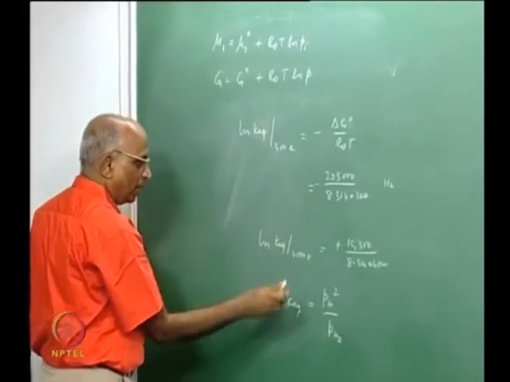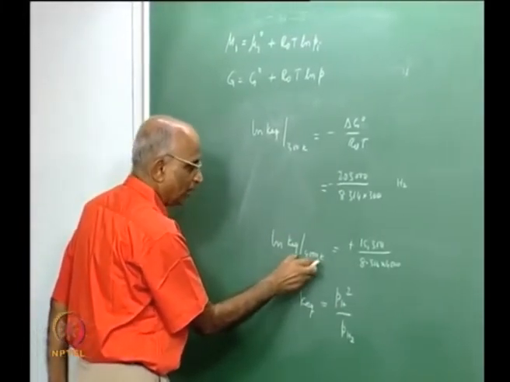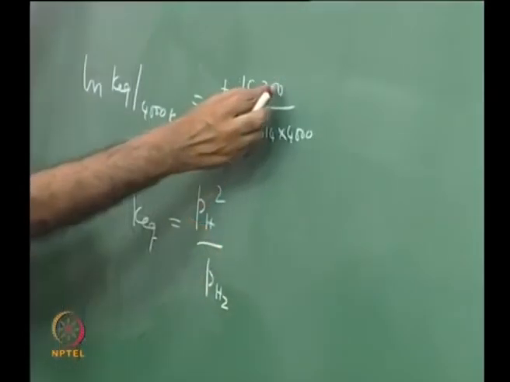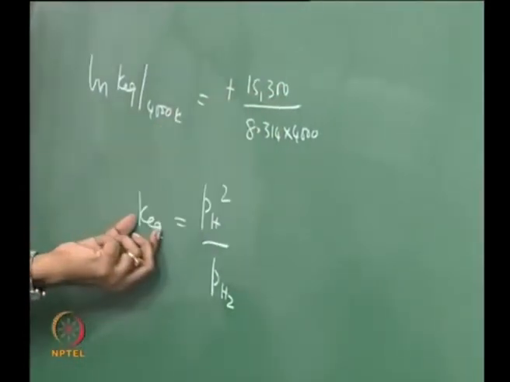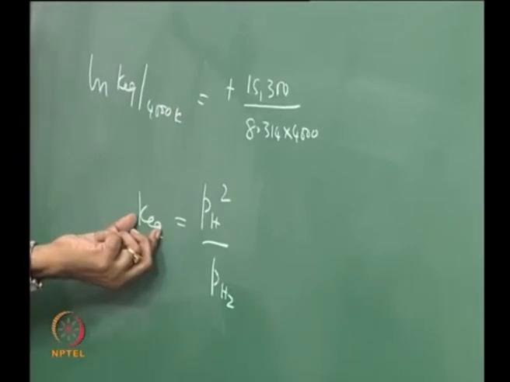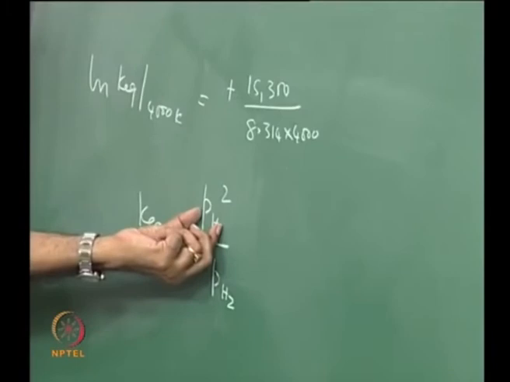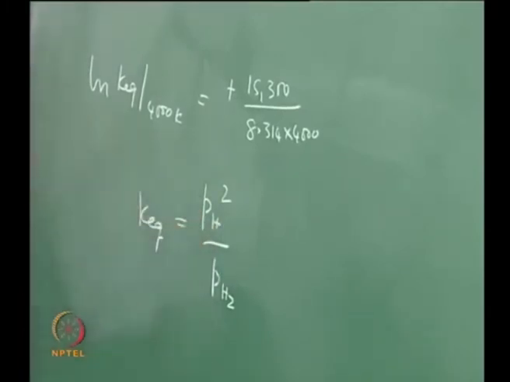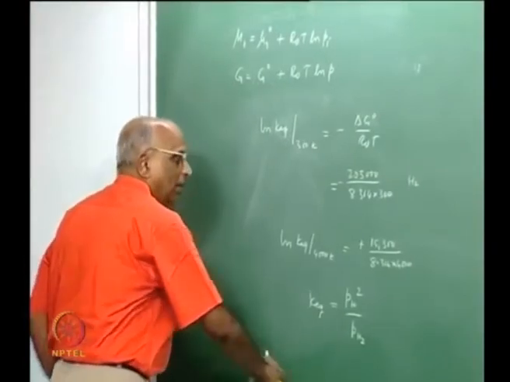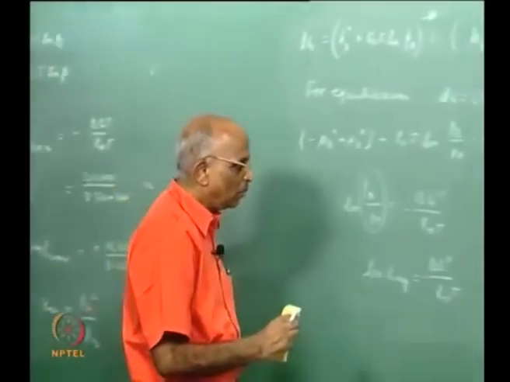At the higher temperature of 4000, I get 15,300 divided by this, which is a positive number. In other words, a large positive value of equilibrium constant tells me that the proportion of the products is much higher. Let us do one or two small examples and get this notion a little more clarified.